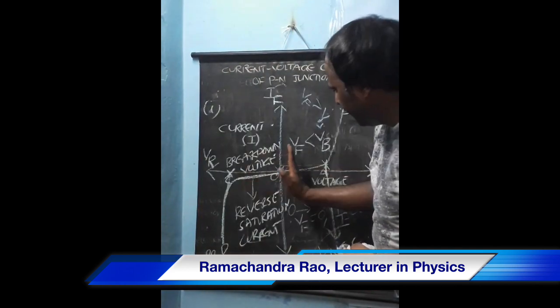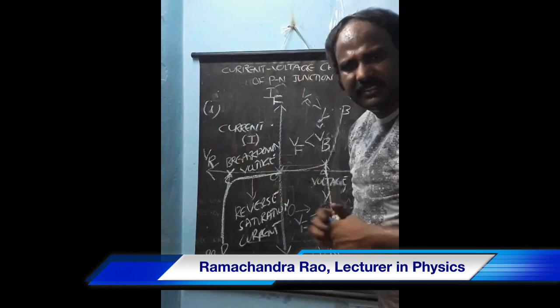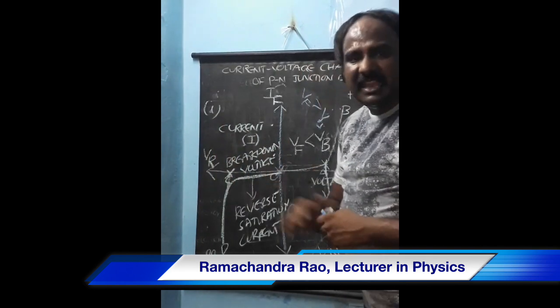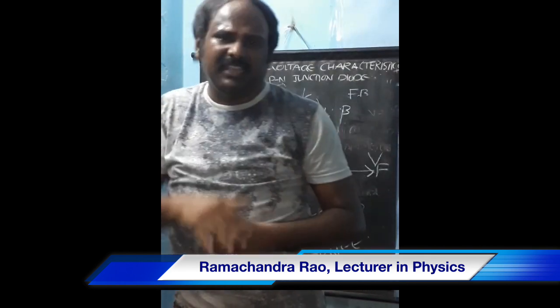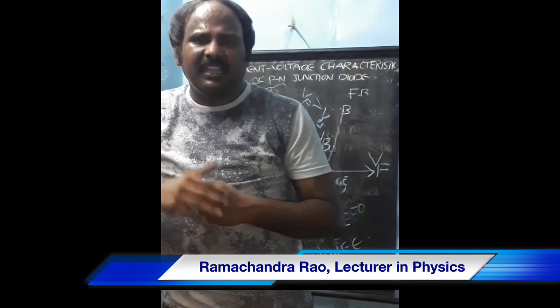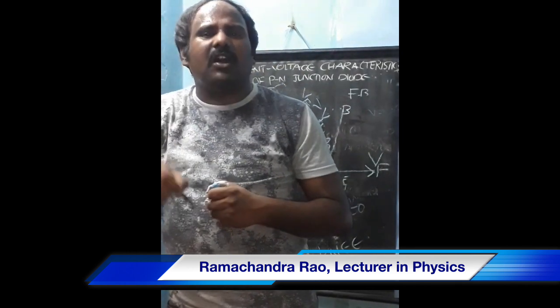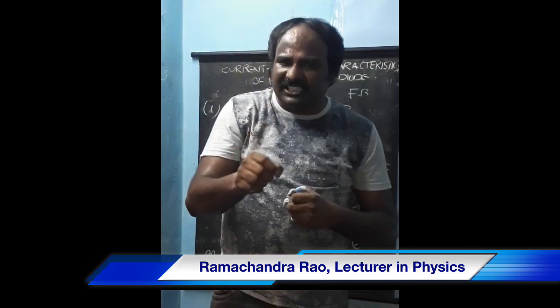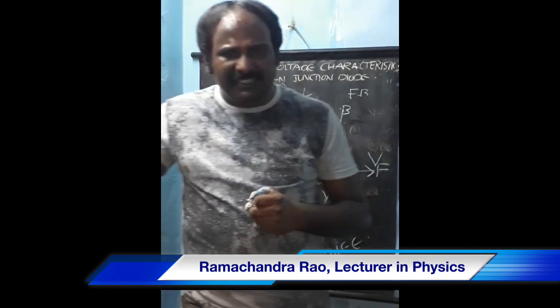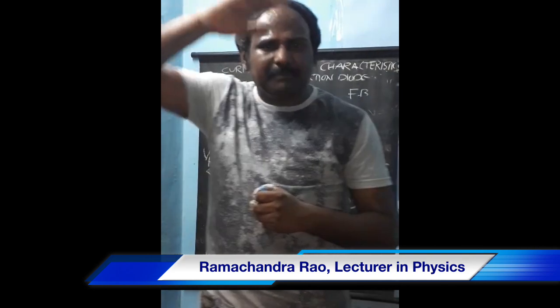Coming to reverse bias, from O to C, with increase in voltage, current also increases but remains constant. It is a constant current. Such constant current is called reverse saturation current. Reverse means reverse bias, no? Saturation means maximum.